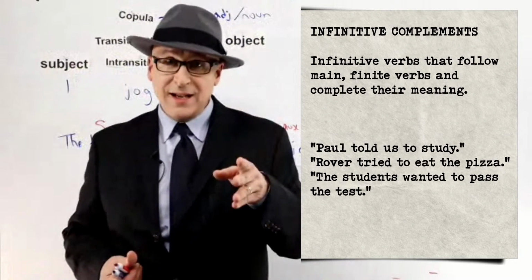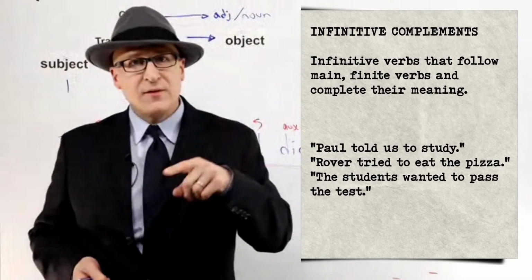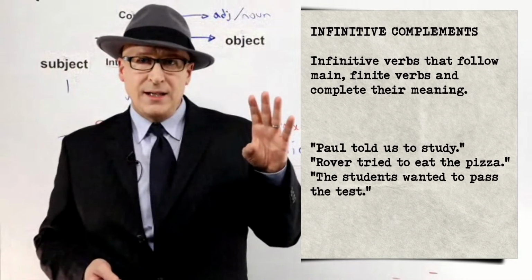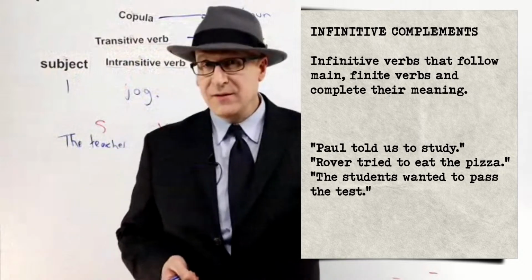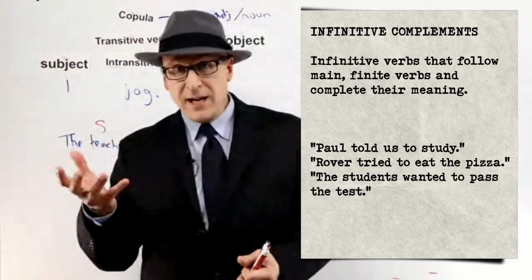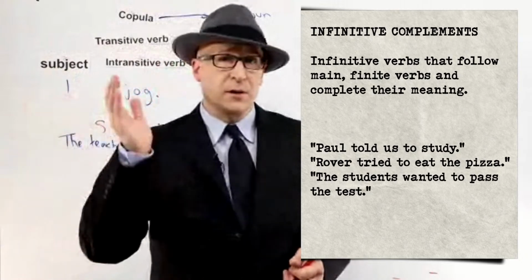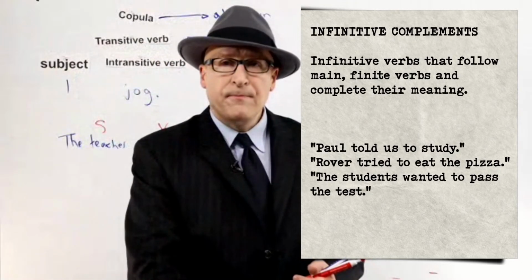Complements are things that tell us information about something else, right? An infinitive complement is an infinitive verb that follows the main finite verb. Finite just means tense, right? It's the main verb that can be past tense, future, present, whatever. It's the verb that changes and expresses tense.